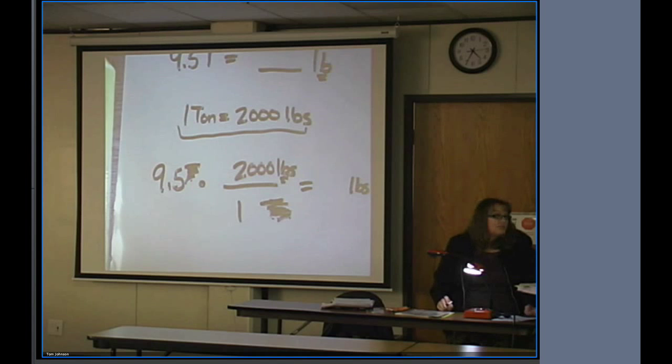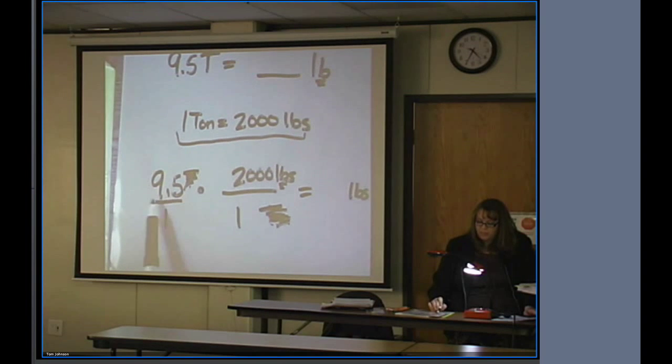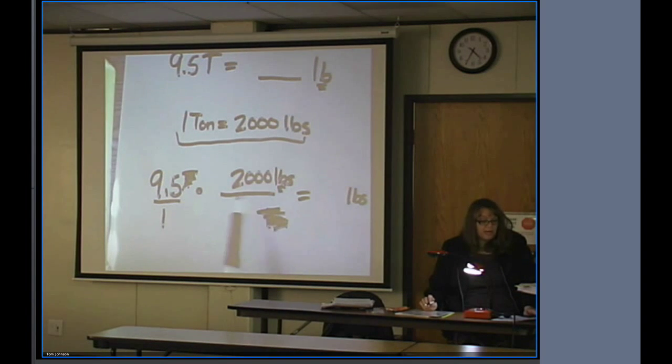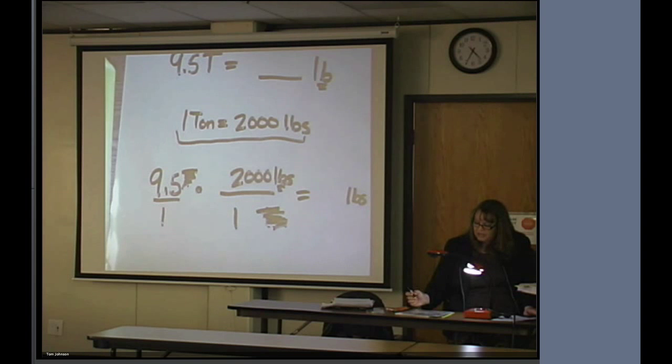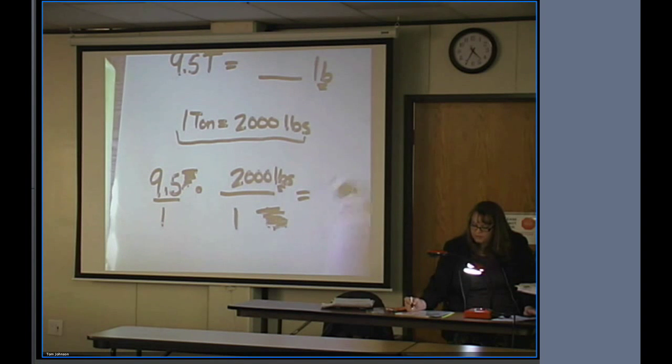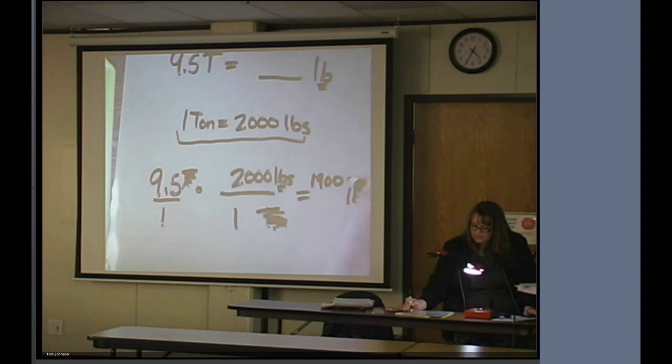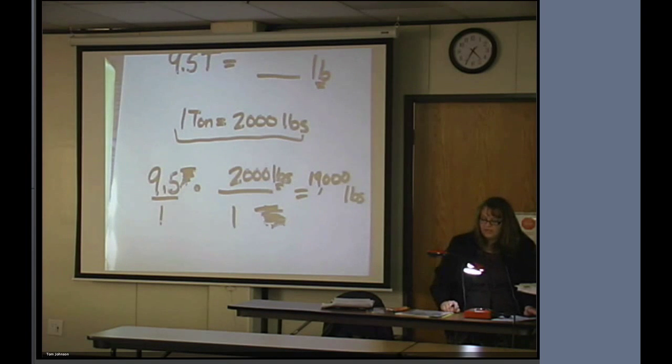Now I can just take care of the numbers, the algebra. This is the same thing as saying 9.5 over 1, so I end up with 9.5 times 2,000, all over 1. So what I end up with here is 19,000 pounds.